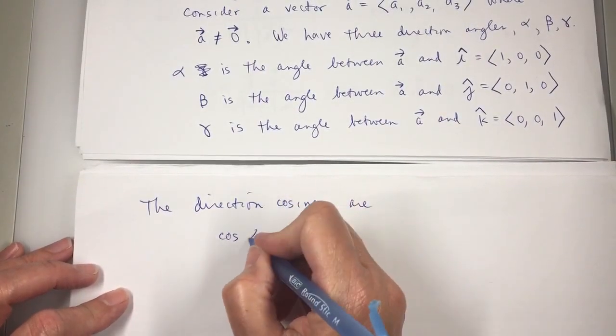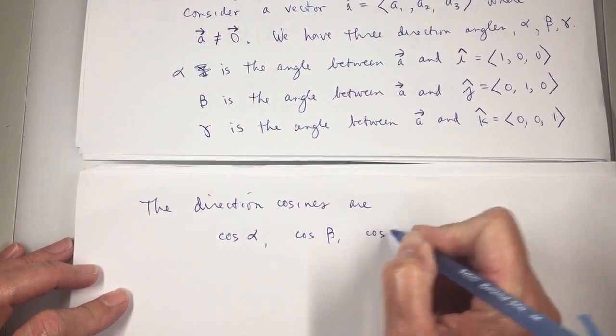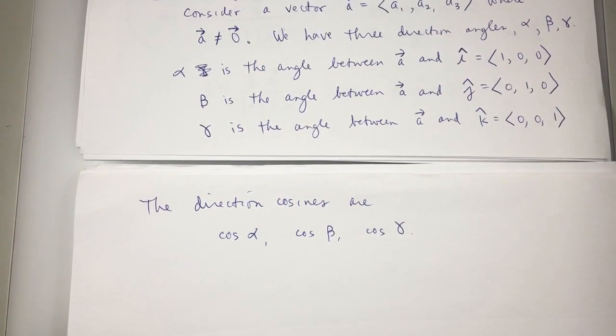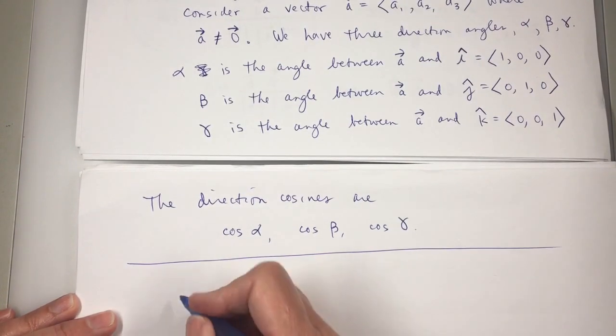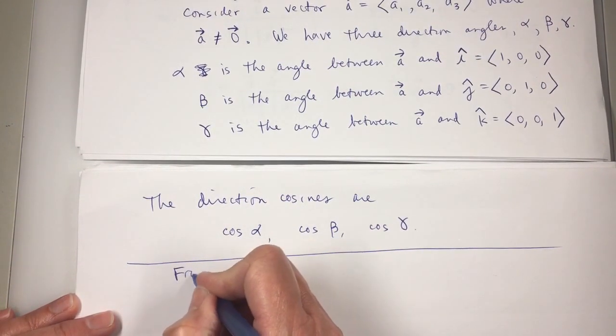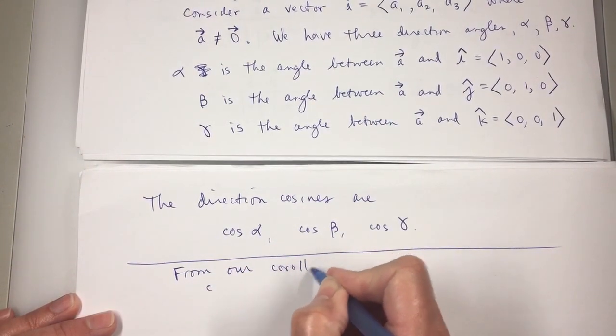The cosine of alpha, the cosine of beta, and the cosine of gamma. Now, we have this property about the cosine of the angle between two vectors. We know this from our corollary.